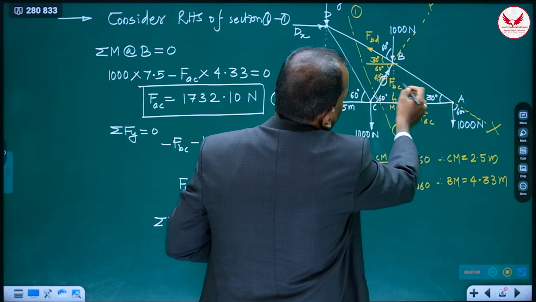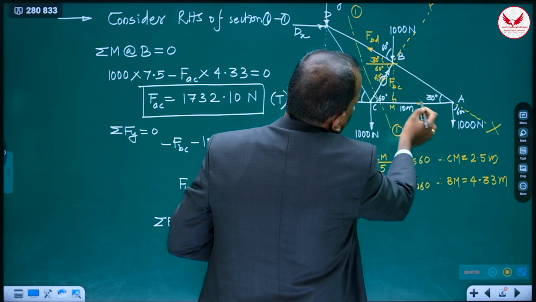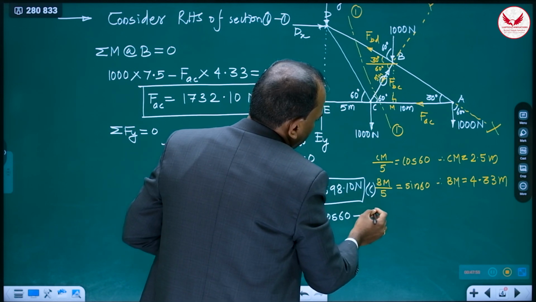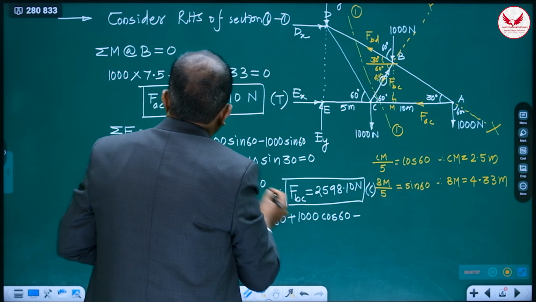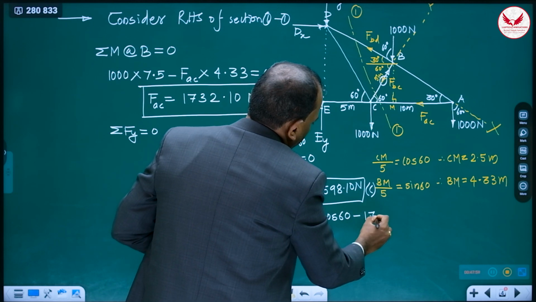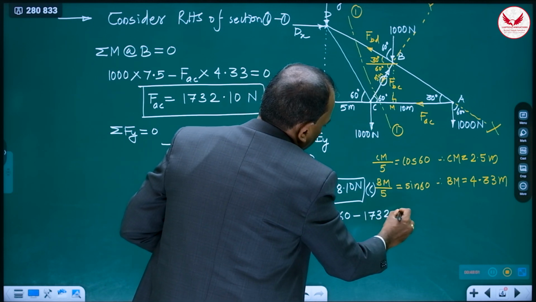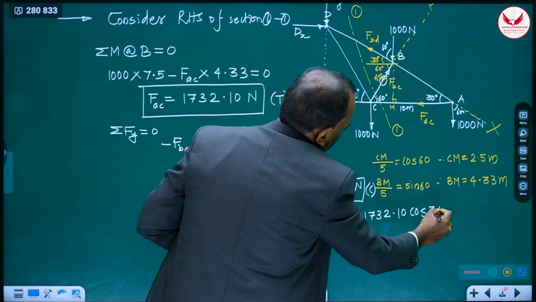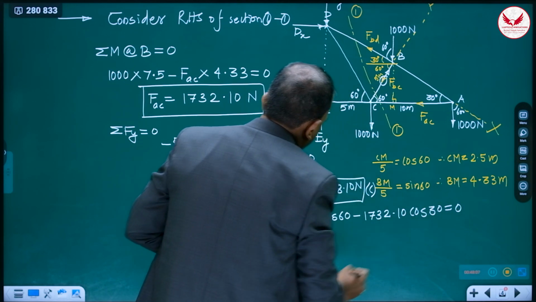This is perpendicular, it is towards left. Minus AC, AC means 1732.10 cos 30. It is equal to 0.